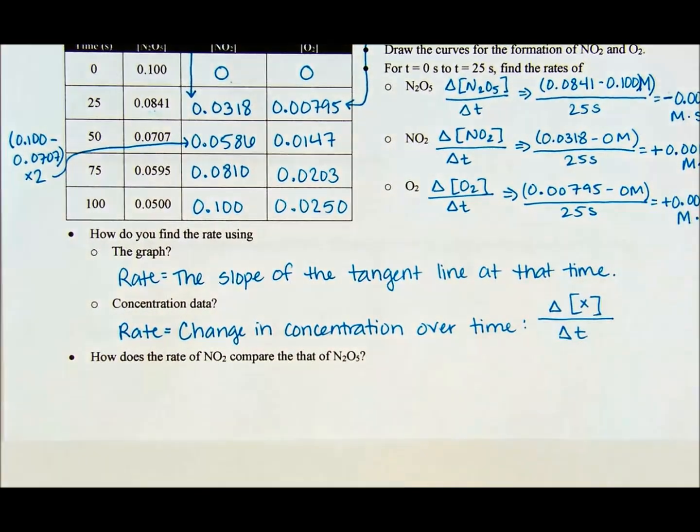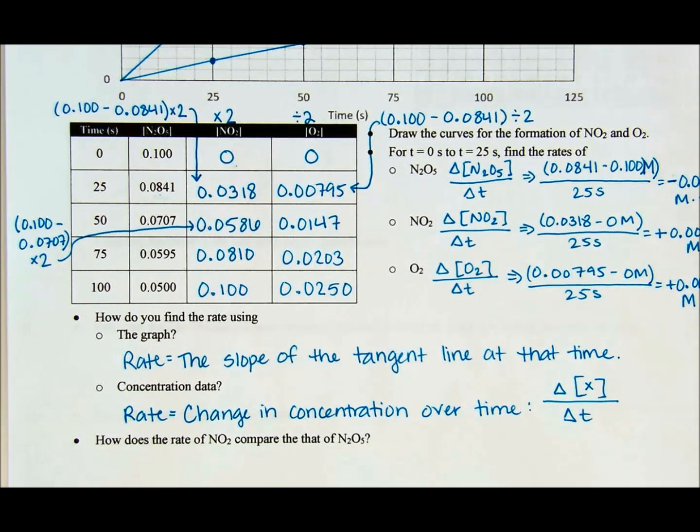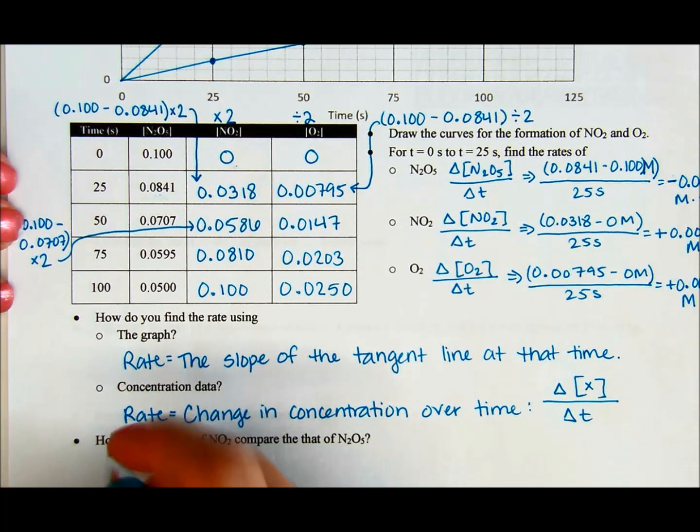How does the rate of NO2 compare to that of N2O5? So we kind of already answered that before. The rate of NO2 is twice that of N2O5. That's how we got these numbers here, based on the balanced equation. And that's also confirmed by the rate calculations. You can see that those rates, they're exactly the same as we predicted.